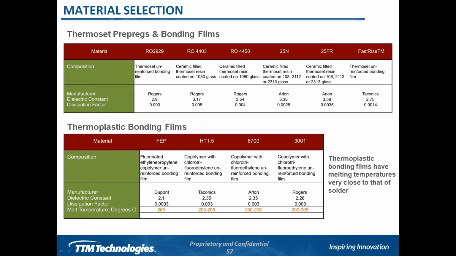One last note on the higher end stuff is most of these high end materials, like these Teflons and ceramic materials, they will not have an associated prepreg that's made out of the same thing that would be for like an FR4. So they actually require what's called a bonding film. And some of these bonding films end up having properties that do not allow us to press these in a standard PCB press.